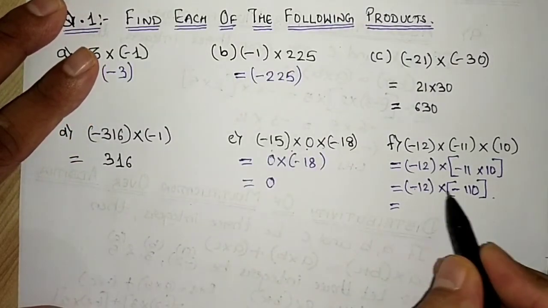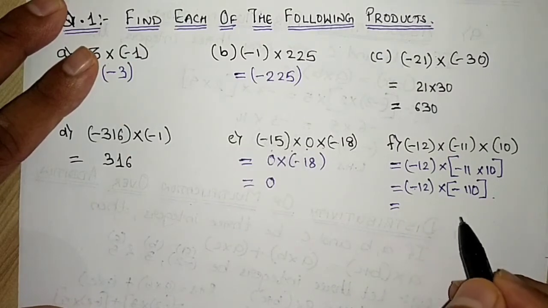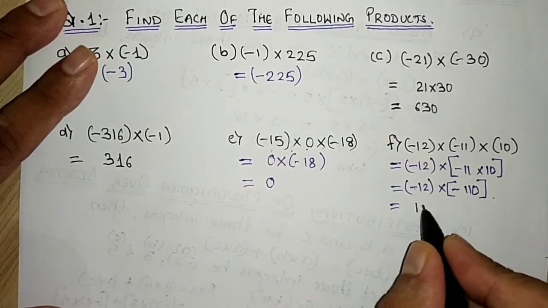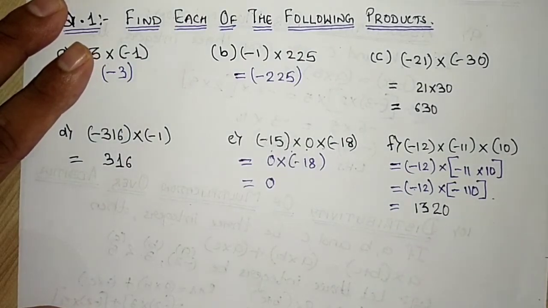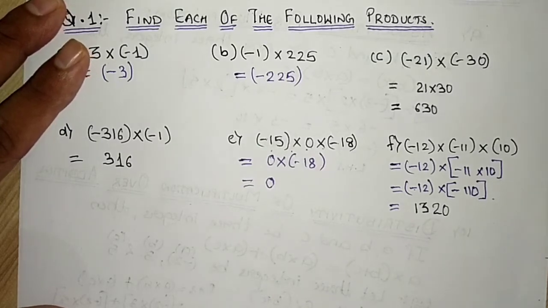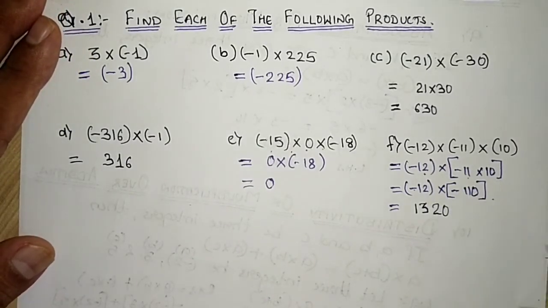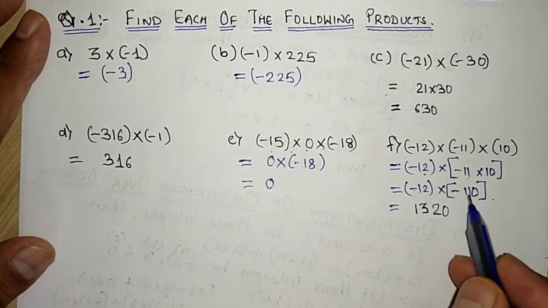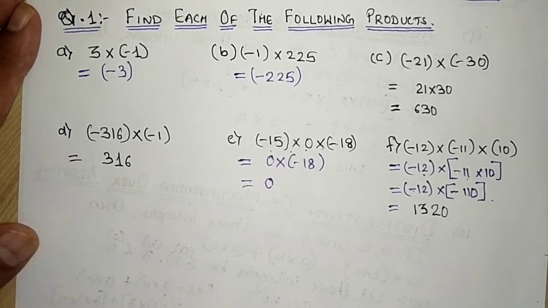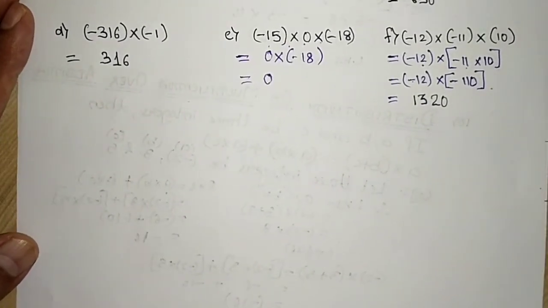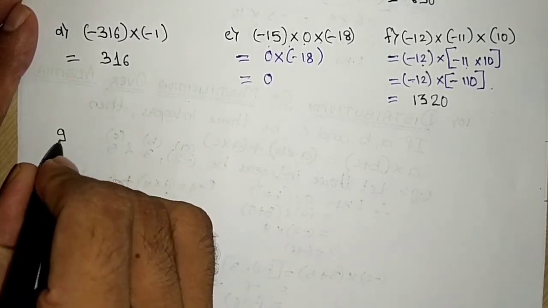Since they are negative integers and it is 2 which is even, your answer will be in plus 1320. Students, you can also solve directly, because 12 11s is 132, and since you are multiplying with 10, it will become 1320, but that will require some practice in multiplication, then only you can do it faster.